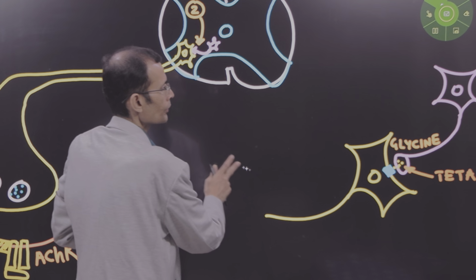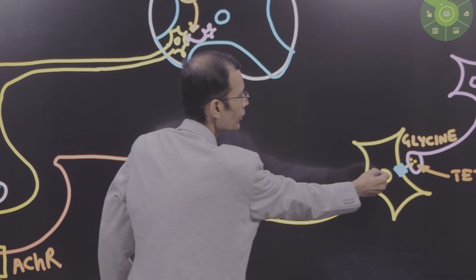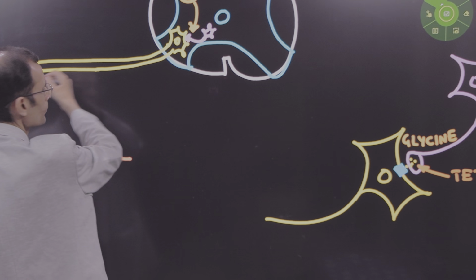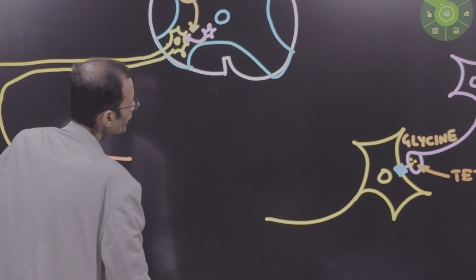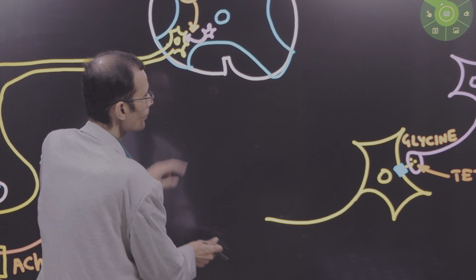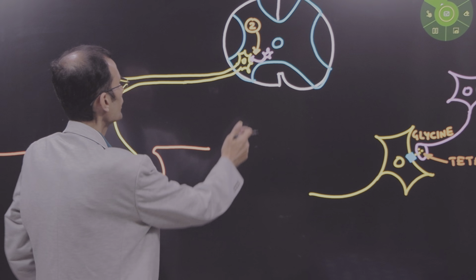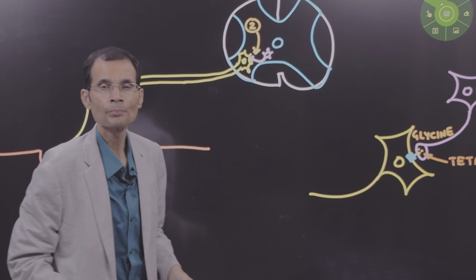All right. So an inhibitory interneuron ending on the anterior motor neuron, which sends signal to the muscle. Now, how does the strychnine work? Strychnine interferes with the synaptic transmission at this level in the spinal cord.